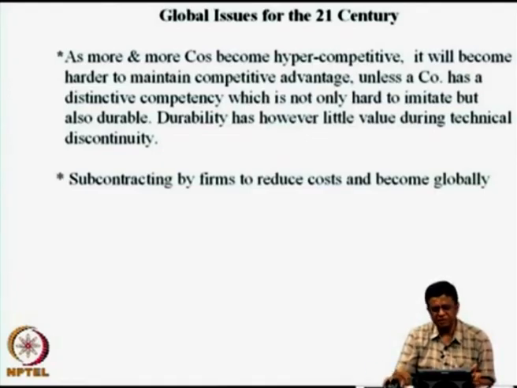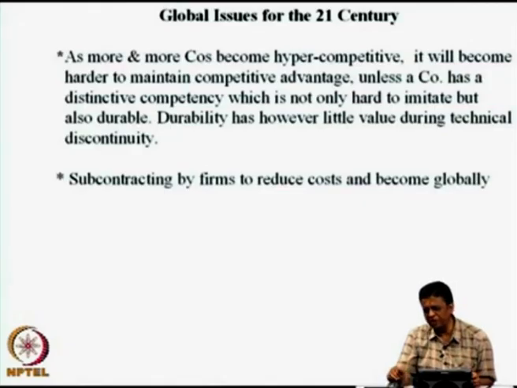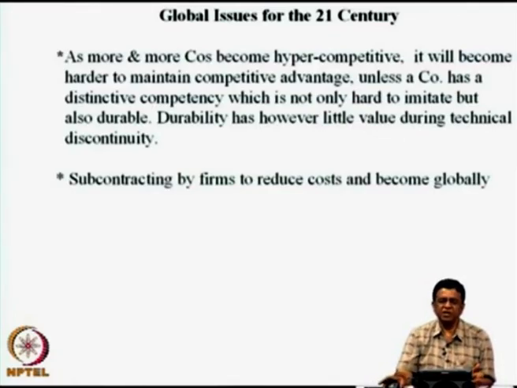What does this mean? We are looking at a hyper competitive market in the present day era. Whether you take the Indian markets, not to speak of the developed countries' markets, even in the Indian markets you are seeing hyper competition with respect to many of the products or product lines which you are using on a day to day basis. And even in industrial products the competition is becoming acute.